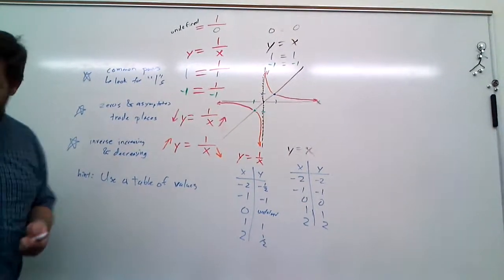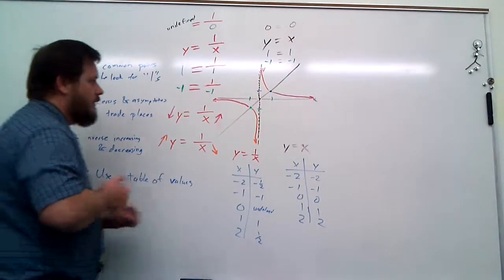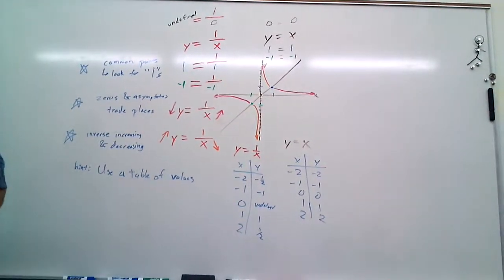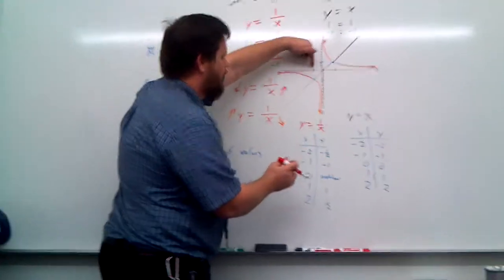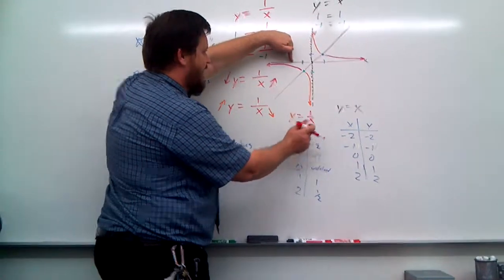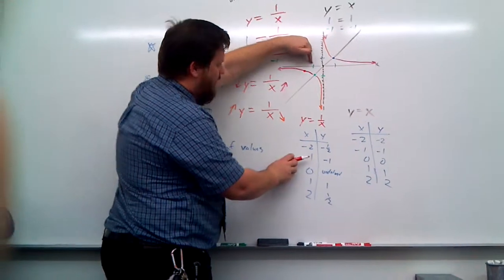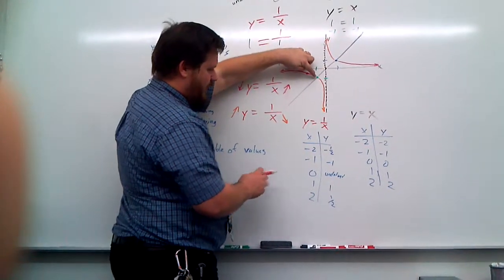And what that does is help us put some points on the graph. On our reciprocal function, when x is -2, y is -1/2, so this point is on the graph. When x is -1, y is -1, so I already have a point there.